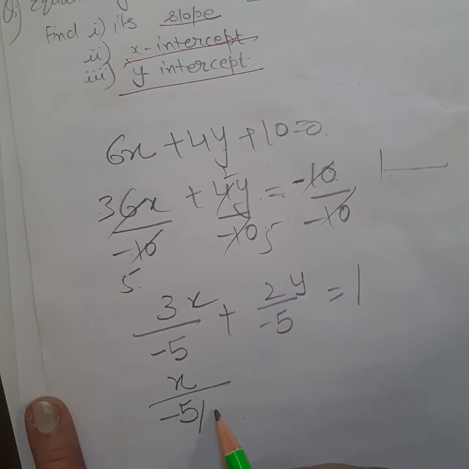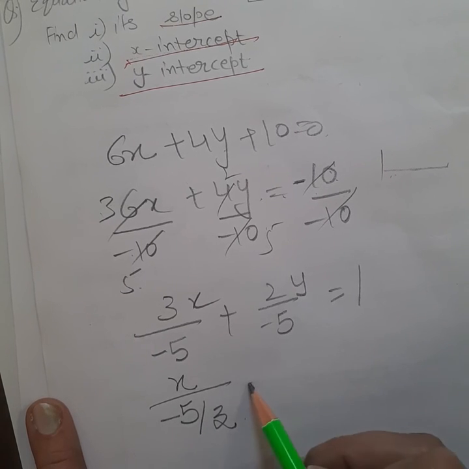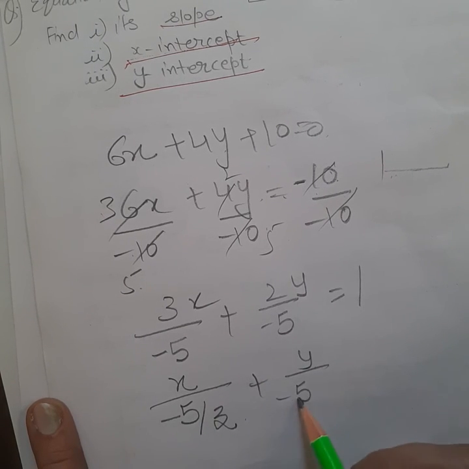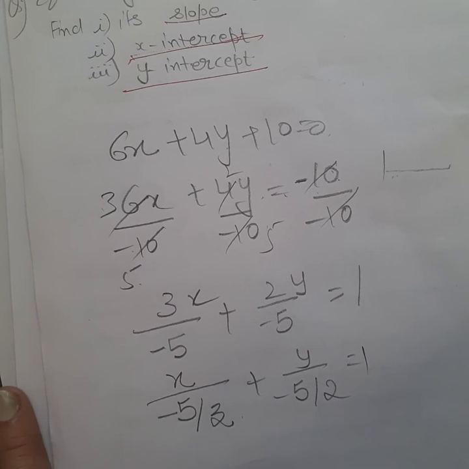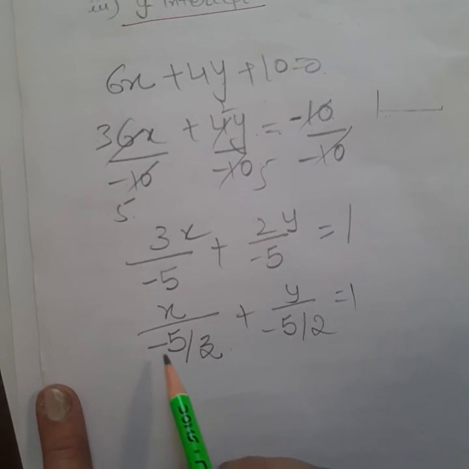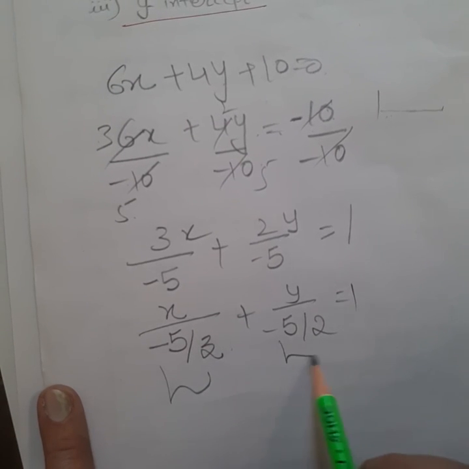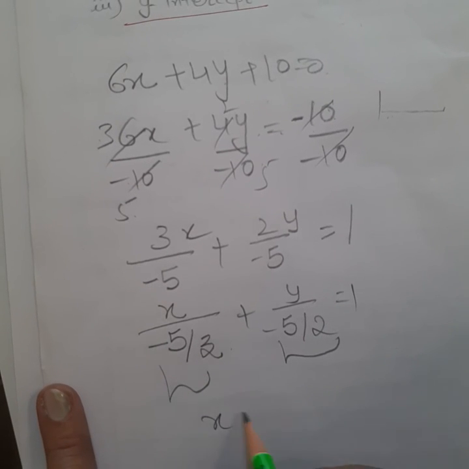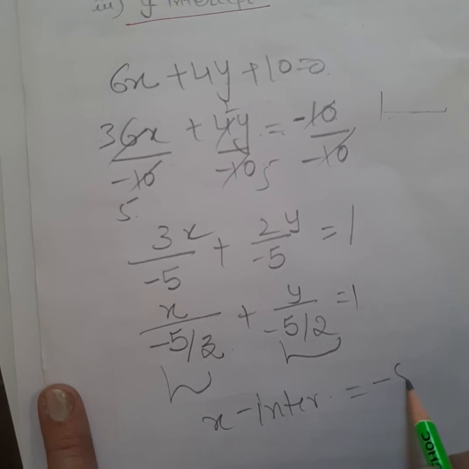Then you can write here minus 5 upon 3 and minus 5 upon 2, and 1. So students, in this way you get x-intercept and y-intercept very easily. Then the x-intercept of your question is minus 5 by 3, and the y-intercept is minus 5 upon 2.